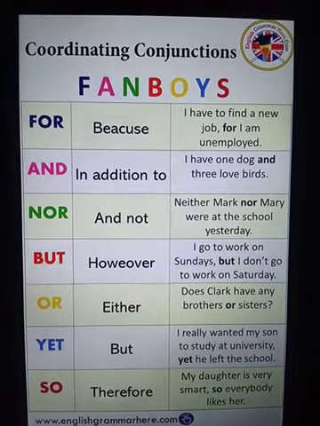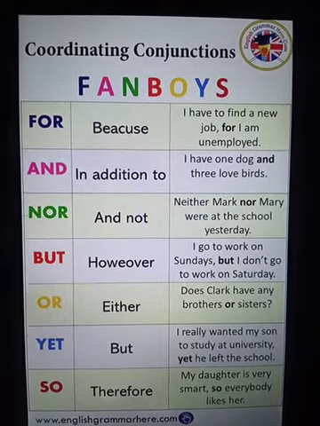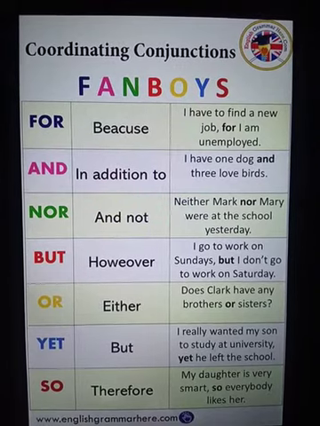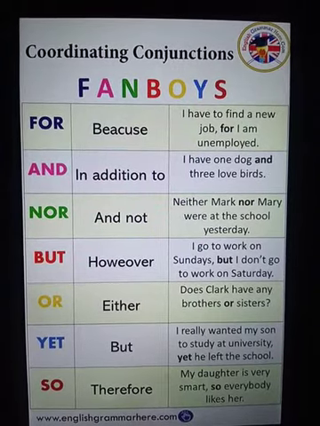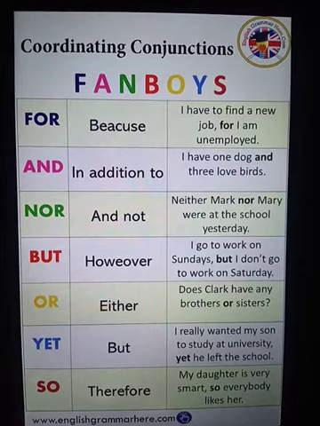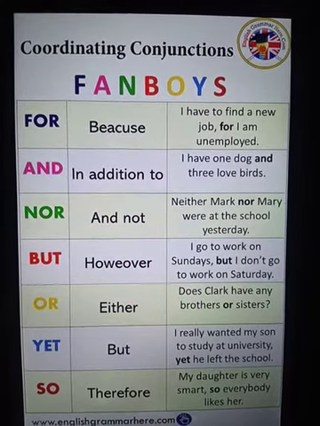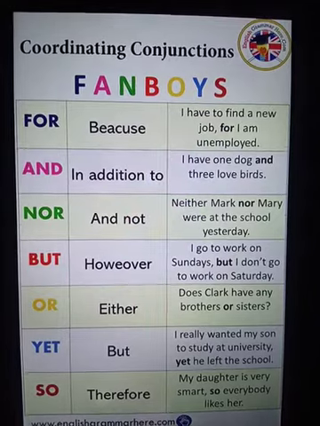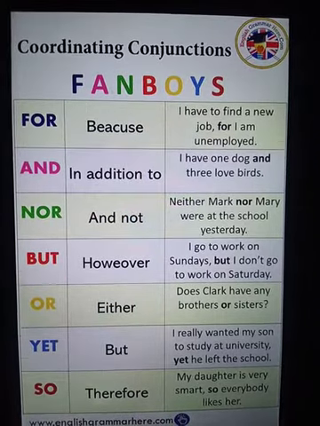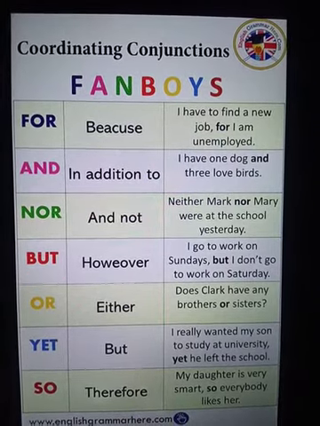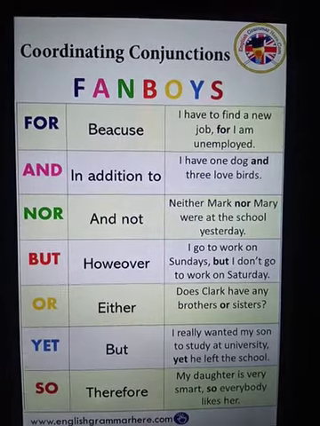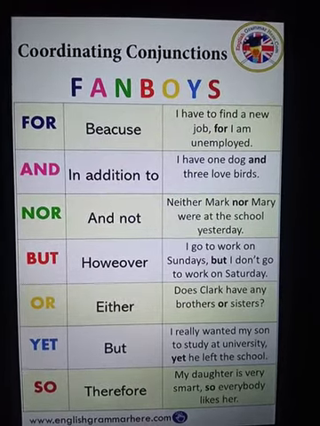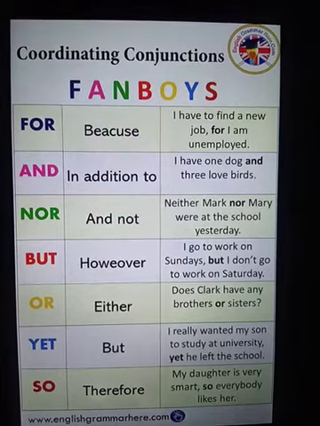Next is nor. Nor, children, is used to add a negative idea to an already existing negative idea, or you can make it simpler: when we have to use two nots, we can easily use nor. Like, neither Mark nor Mary was at school yesterday.